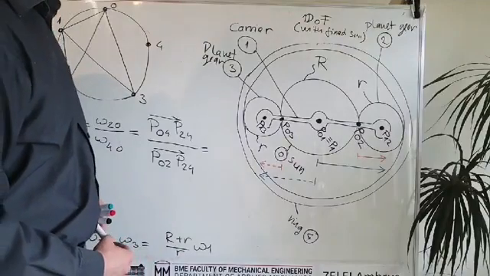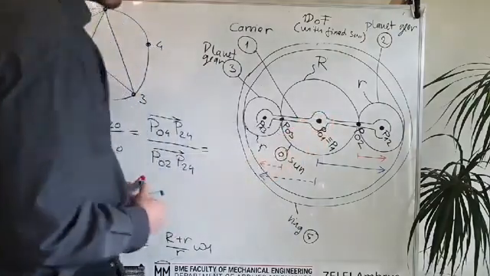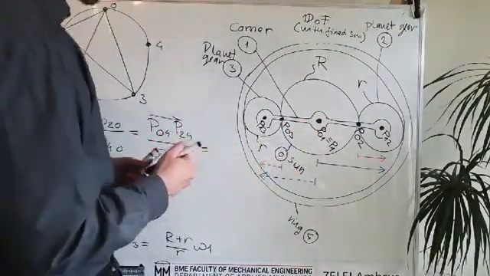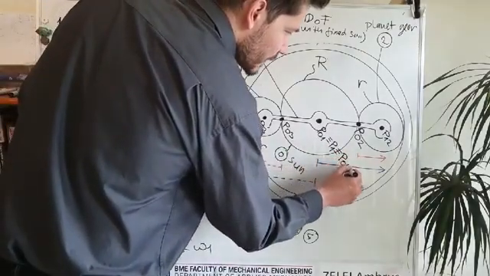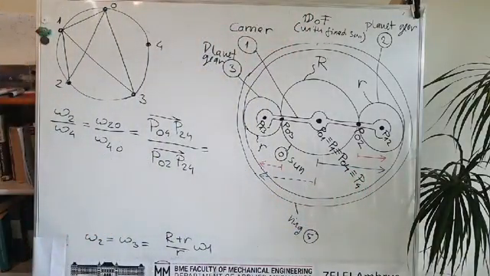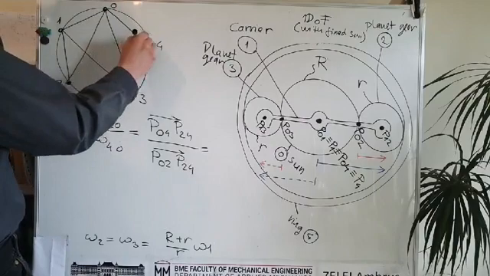We are very lucky because they are rotating about the same point, which is here. It means that it's also identical with P04, which is basically P4, the absolute center of velocity of rigid body number 4. So P04 is known now.